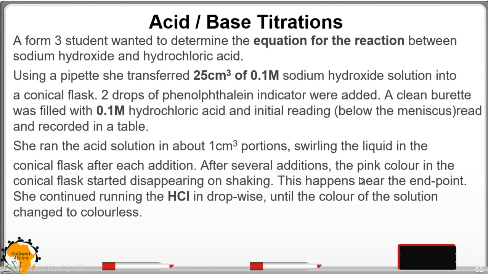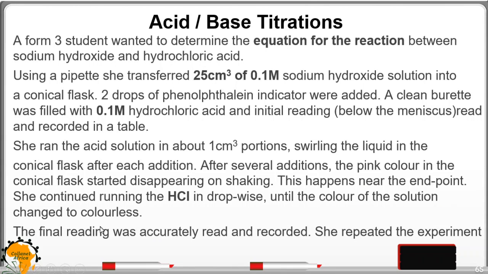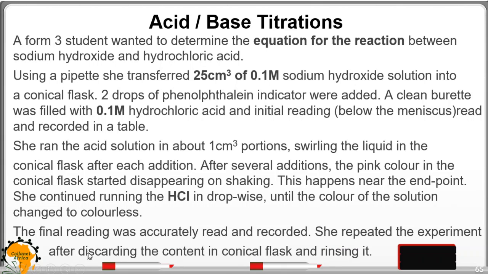This change of color happens near the end point, and this is when she started running the HCl in dropwise until the color of the solution changed to colorless permanently. So the final reading was accurately read and recorded. She repeated the experiment after discarding the first content in the conical flask, then washing and rinsing it thoroughly.